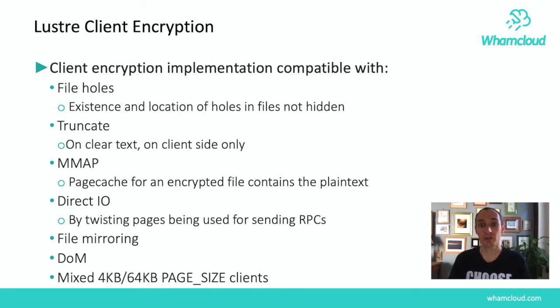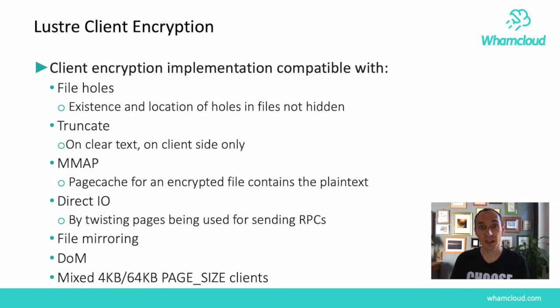For instance, on encrypted files, we are able to support holes. So it means that when you have a hole in a file, we will not replace it with zeros that are then encrypted and stored on disk. We will keep the holes. But of course, it means that the existence and location of holes is not hidden.